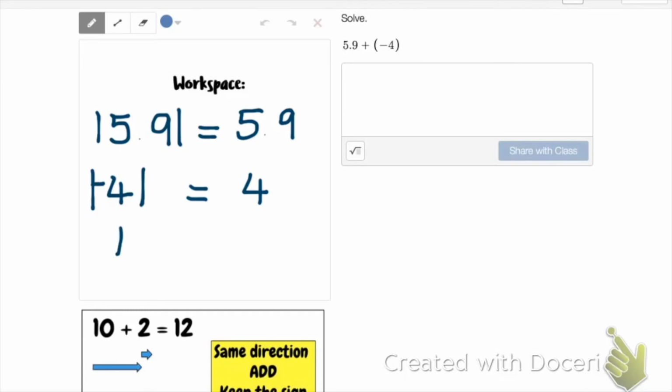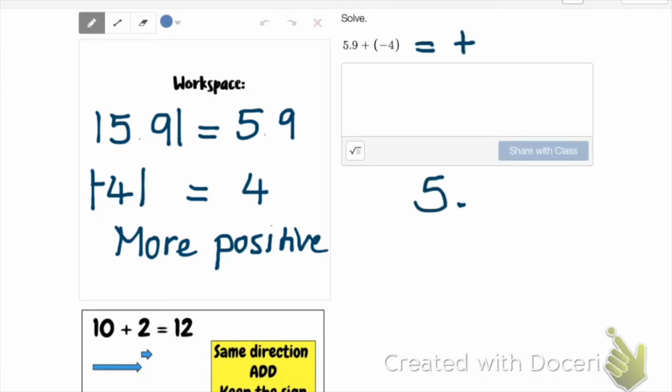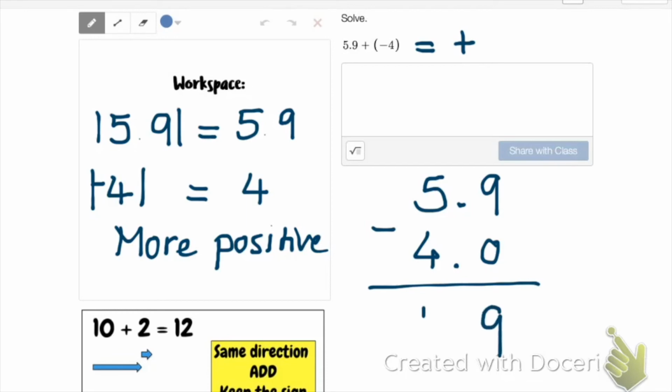Then my answer is going to be more positive, so a positive answer. Then I will take the bigger absolute value, 5 and 9/10, subtract the smaller absolute value, which is 4. 9 minus 0 is 9, 5 minus 4 is 1. So my answer is going to be positive 1 and 9/10.